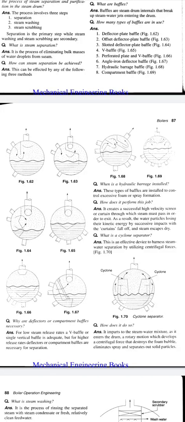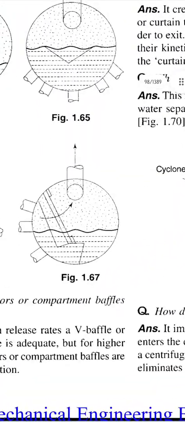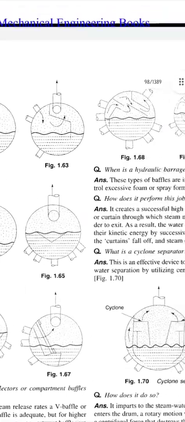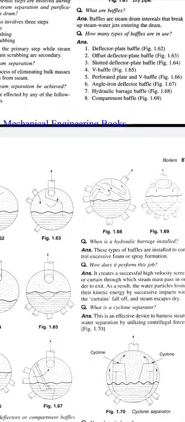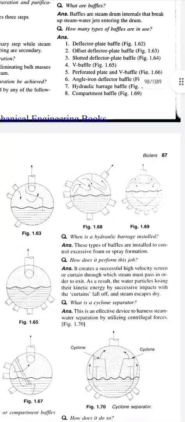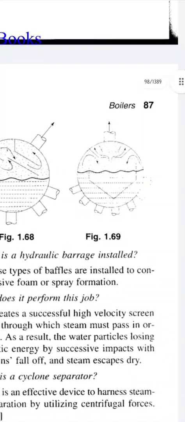Then angle iron reflector, angle iron is there. This is the angle iron reflector, baffle reflector. And 1.68 is hydraulic barrage baffle, hydraulic barrage. The next one 1.69 is compartment baffle. This is the compartment baffle.